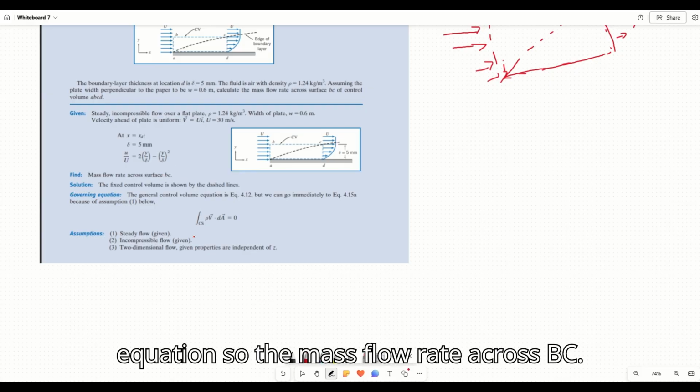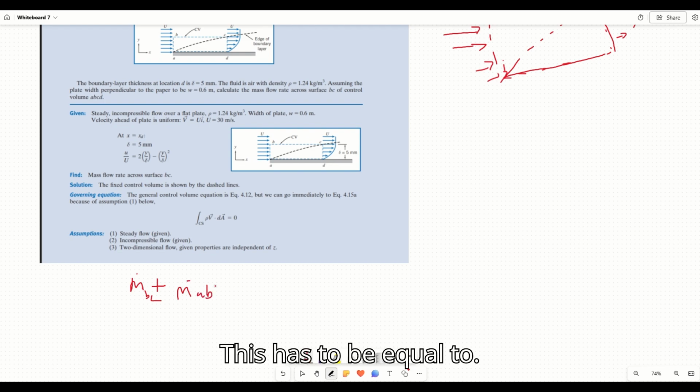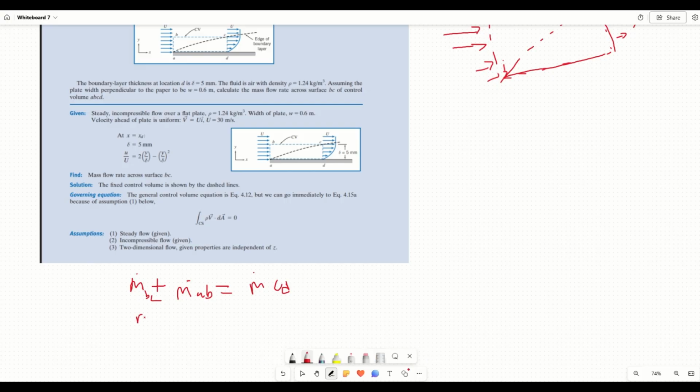So the mass flow rate across BC, plus this, has to be equal to our mass CD. Okay, now if we want to solve for MBC, CD plus AB.